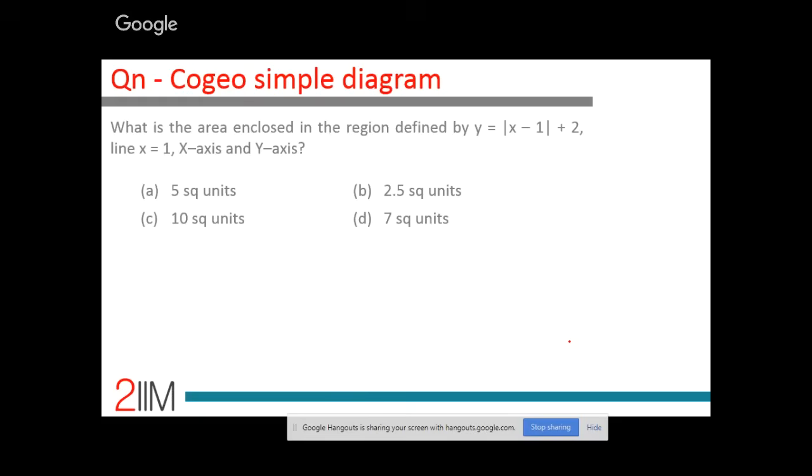Will y ever be 0? There's no y equal to 0 for this. This graph simply does not touch the x-axis. Modulus of x minus 1 cannot be negative. Y is more than 2. This is above the x-axis. Y cannot be negative. Y cannot be less than 2.